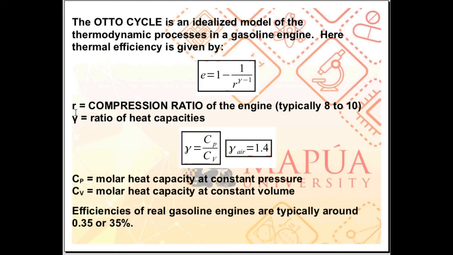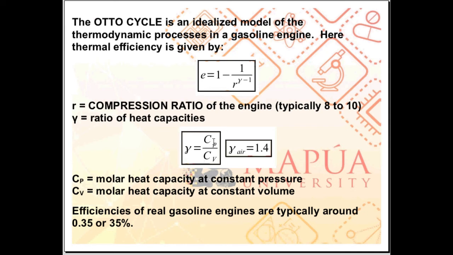Typically, the compression ratio ranges from 0 to 10. Whereas gamma is the ratio of heat capacities of the working substance or the system.